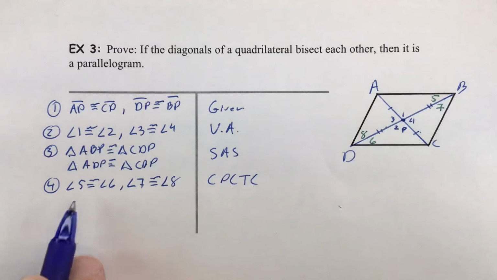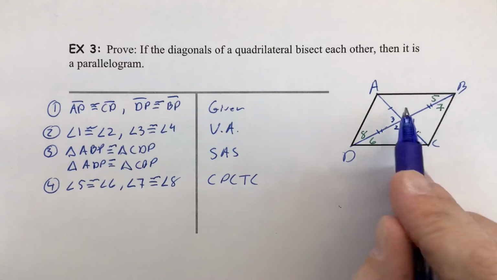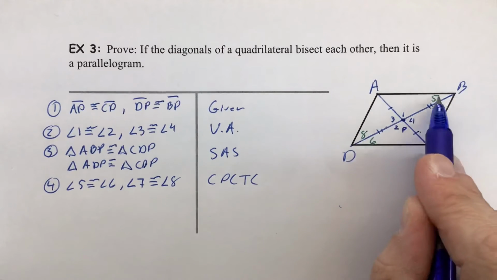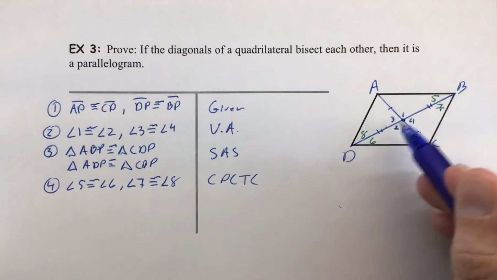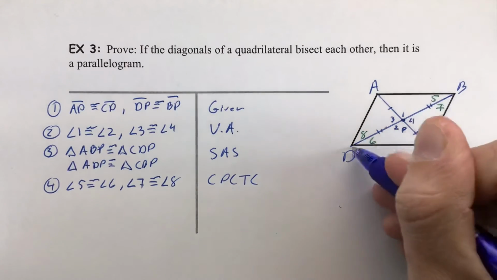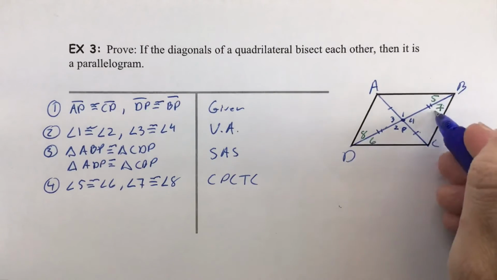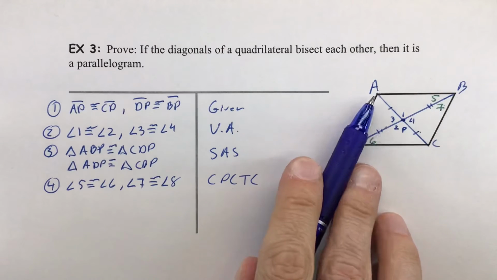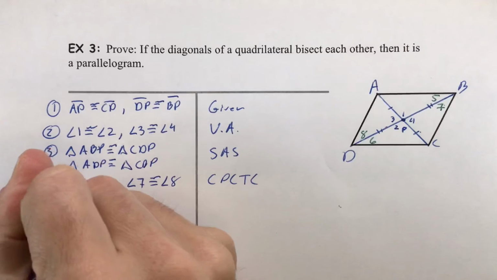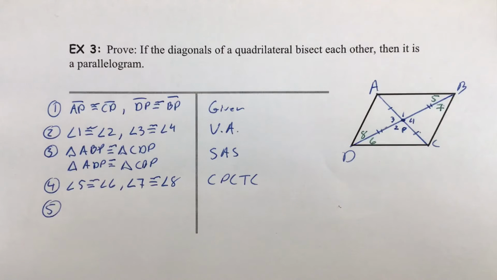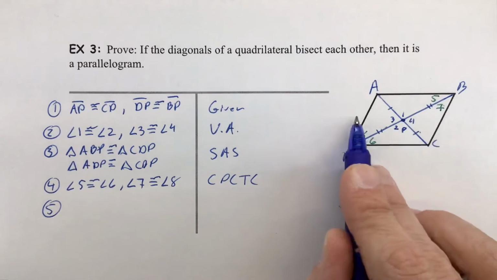Okay, and this is a little bit complicated to follow because we're working two triangles at the same time. But what's special about these angles that have been identified is that they fit the definition of alternate interior angles. If you look for that Z shape here, that 5 and 6, those are alternate interior angles. The 7 and the 8, you got that Z shape on the side here, but they're going to be alternate interior angles between the left and the right side of the quadrilateral. Okay, so for 5, we can go ahead and use those alternate interior angles to prove that the opposite sides will be parallel.